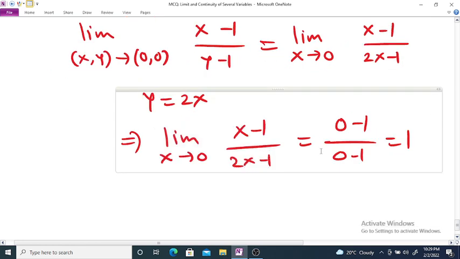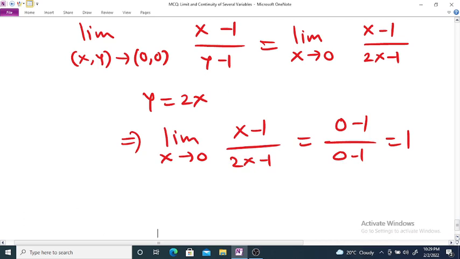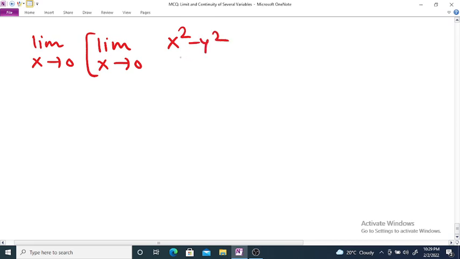The next example, find the limit as x tends to 0 and y tends to 0 of (x squared minus y squared) divided by (x squared plus y squared).